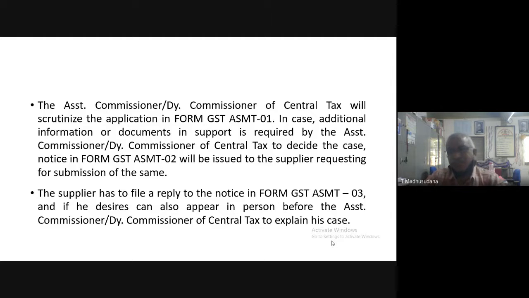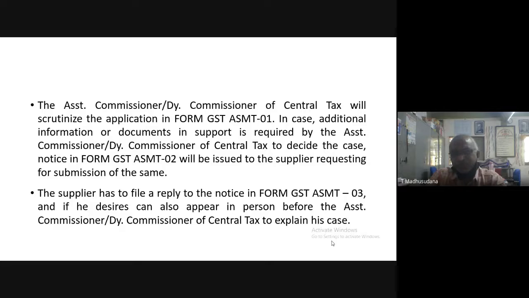That means after receiving the application from the supplier or the assessee requesting for provisional assessment, they will scrutinize. The assistant commissioner or deputy commissioner of central tax will scrutinize the application, and suppose if they need any additional information for deciding the provisional tax liability, they call for this information in form GST assessment 02.